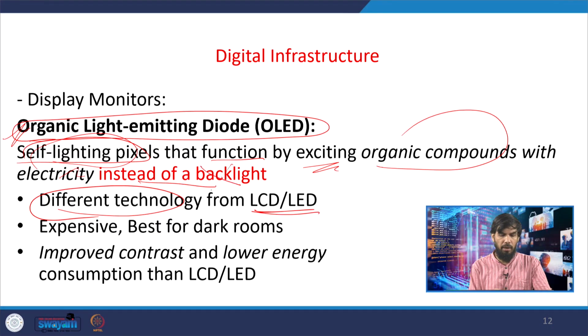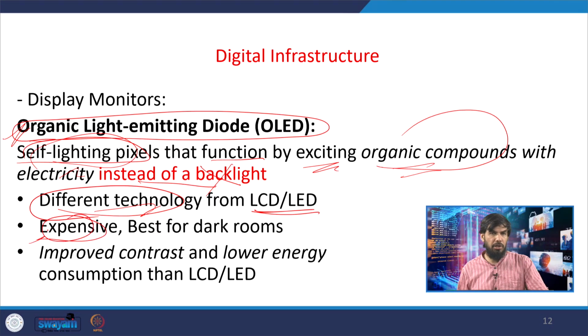So we do not use a backlight in organic light emitting diode. The word organic comes because we are using organic compounds to make the lighting happen. Organic compound is used, electricity is applied, and we arrive at self-lighting pixels. So it is a different technology with no backlight, and it is expensive, right.